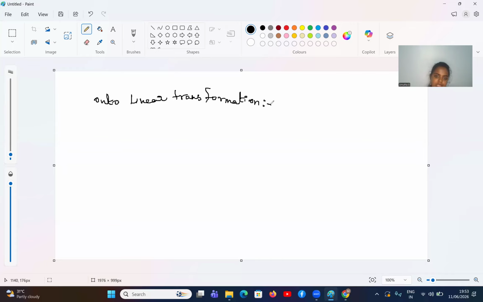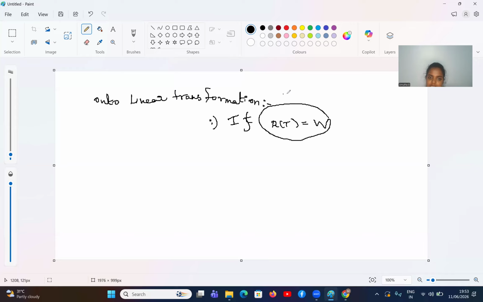I will tell the definition first: if the range space of T is equal to the full W vector space.